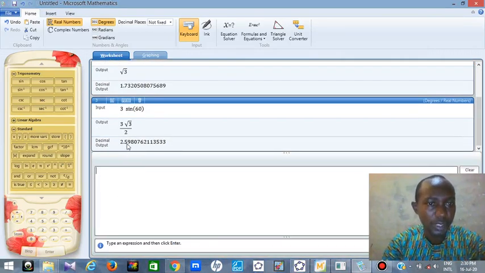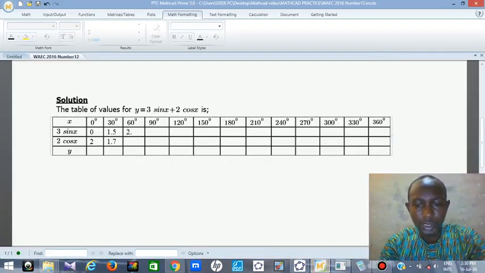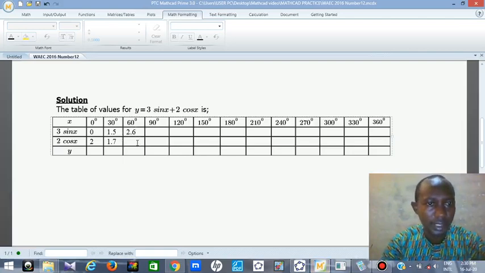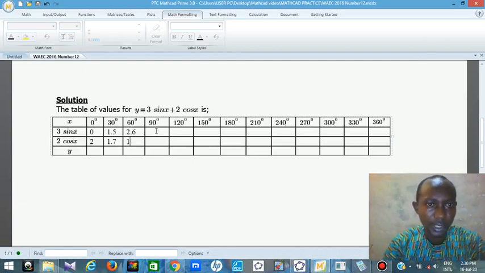When you approximate this, sorry, 2.6. You have 2.6, so we'll put that one there. Then cos 60 is also 0.5. So 0.5, so this is going to give us 1. So let's put it down there like that, 1.